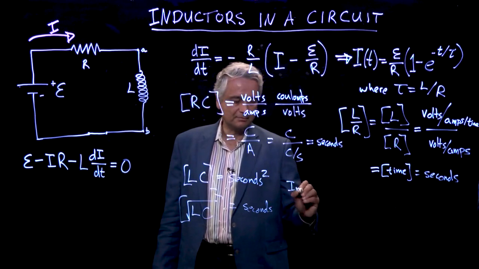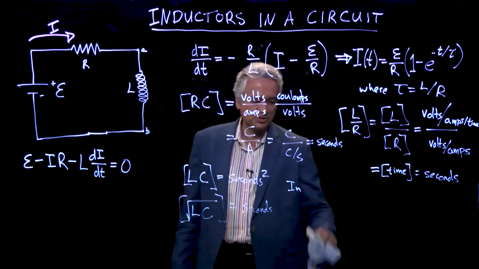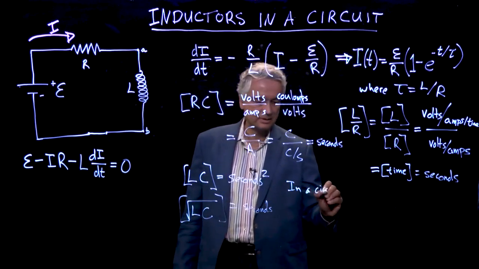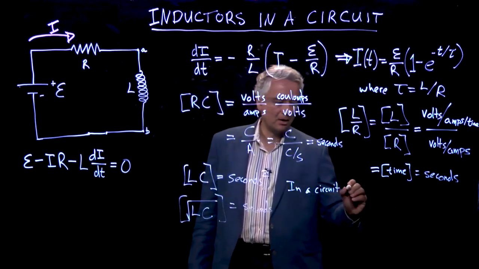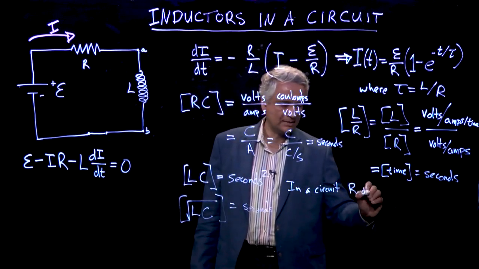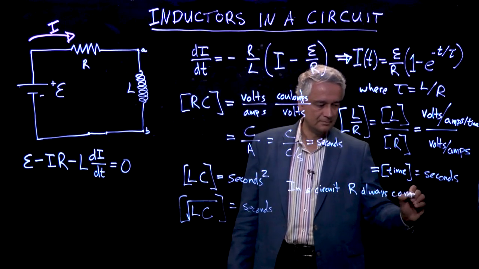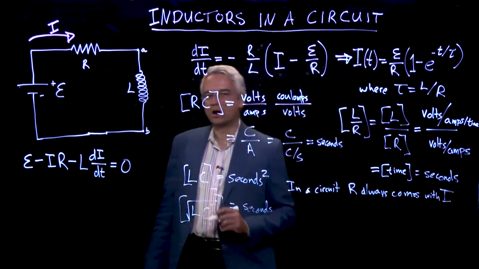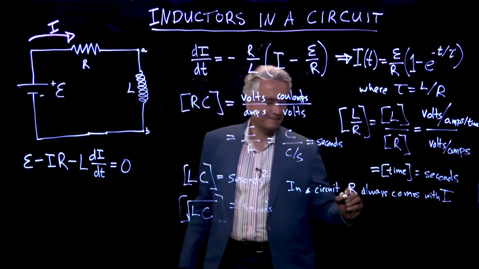I can flesh this hint out further by remembering, in a circuit, what kind of terms do I get from L's and C's? Well, what about R's first of all? In a circuit, R always comes with I. R always gets multiplied by I when we walk our way around a circuit like this.